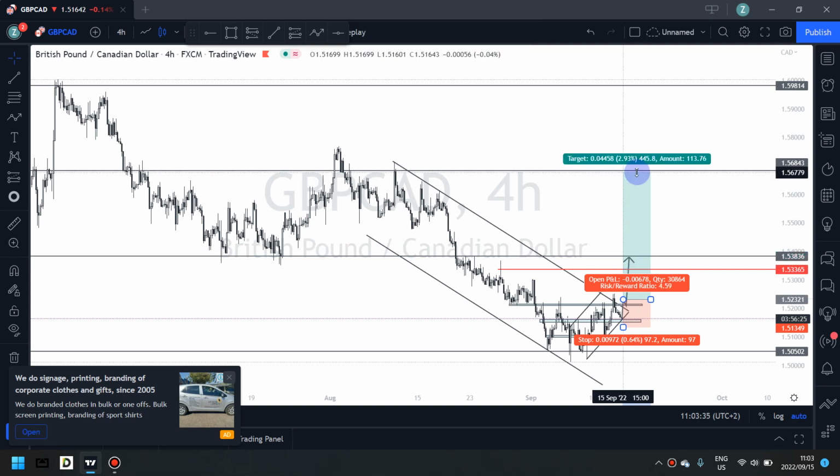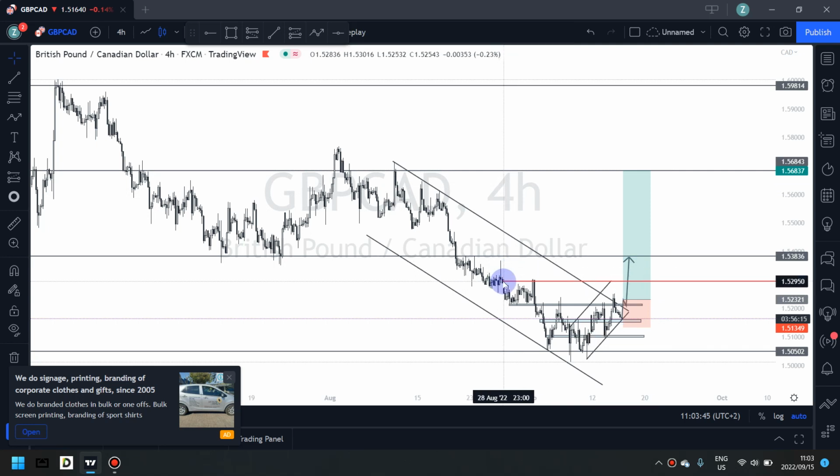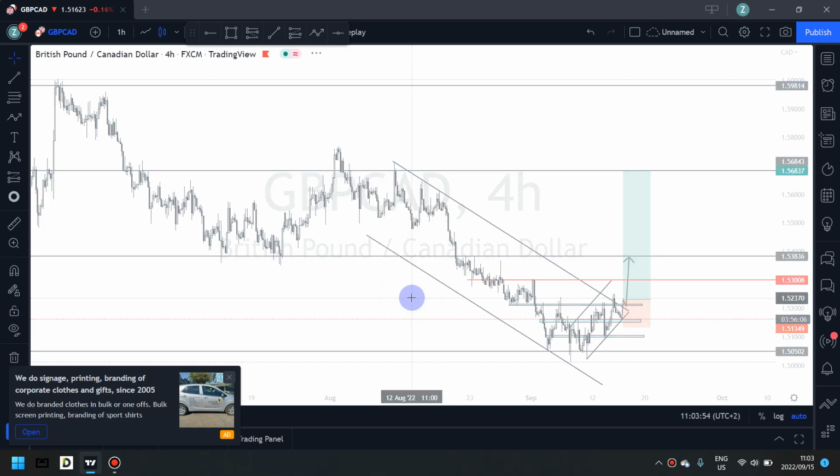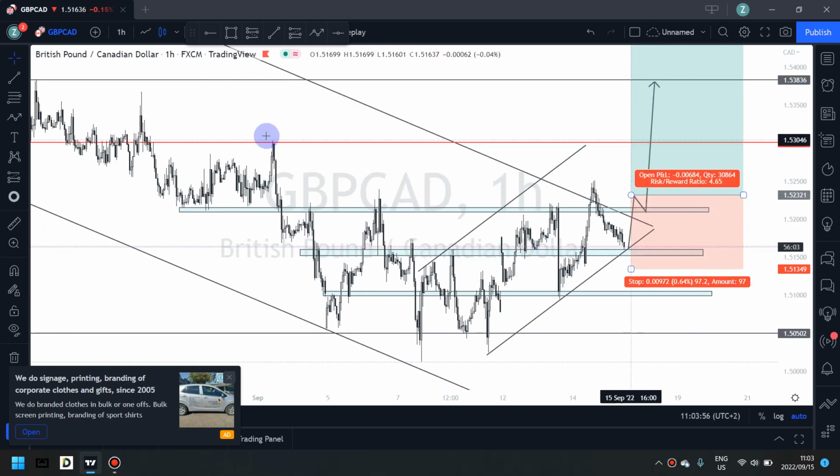But my overall take profit is there at the top with a good risk to reward ratio of 1:4.65. So that stop loss might be tight, so you might want to lock a bit lower. Yes, we might want to lock here.